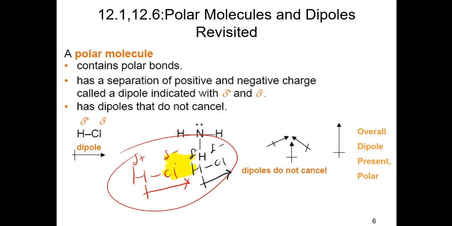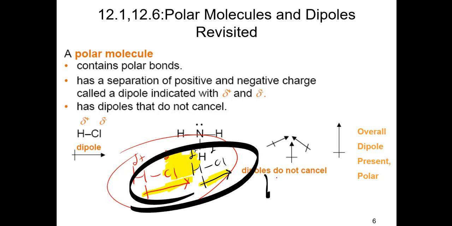The partial negative on the chloride is going to be attracted to the partial positive on the hydrogen on the other molecule. So therefore, we consider this a dipole-dipole force. The name is kind of lame. One of the molecules has an overall dipole. The other molecule has an overall dipole. Ergo, we call this dipole-dipole. Shocker, I know.